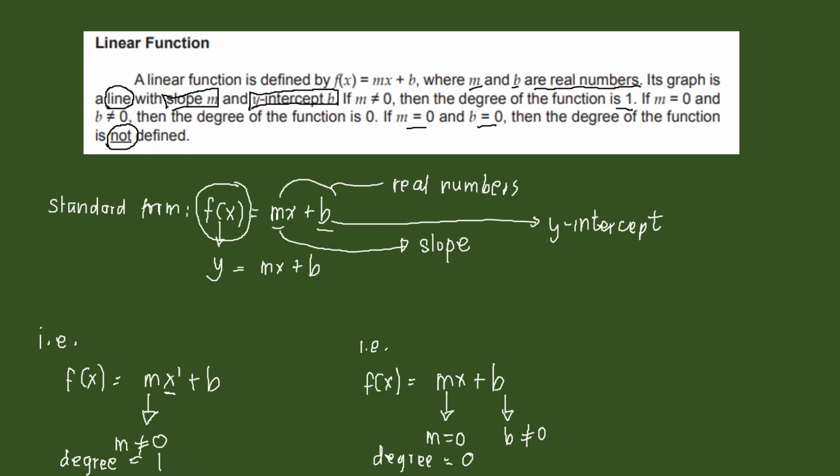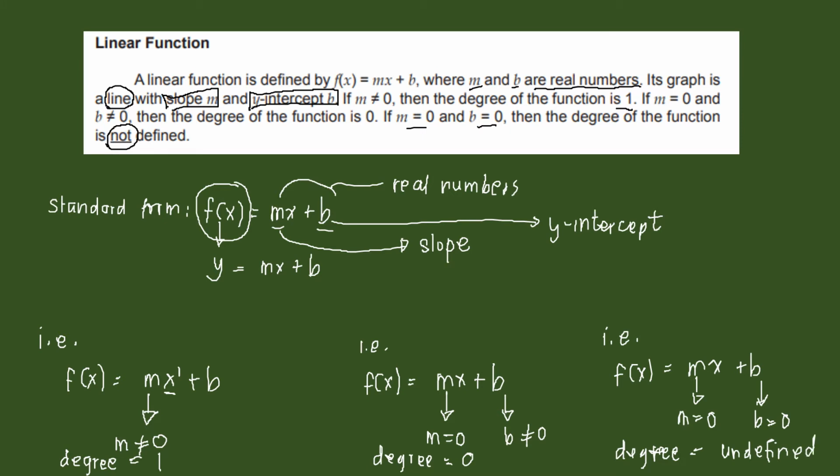Next, if for example, you have f of x is equal to mx plus b, m is 0, b is also 0, then the degree is undefined. You cannot define the degree because everything is 0.